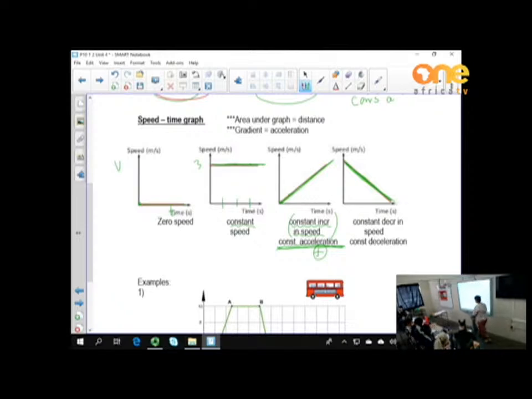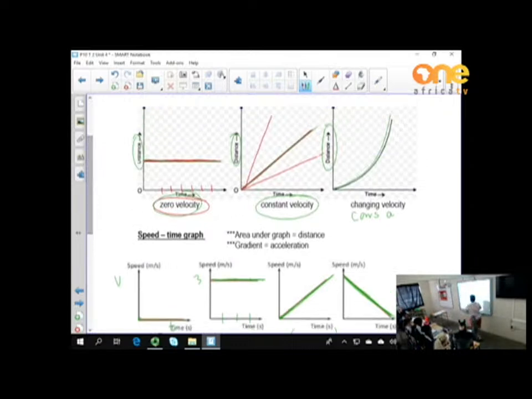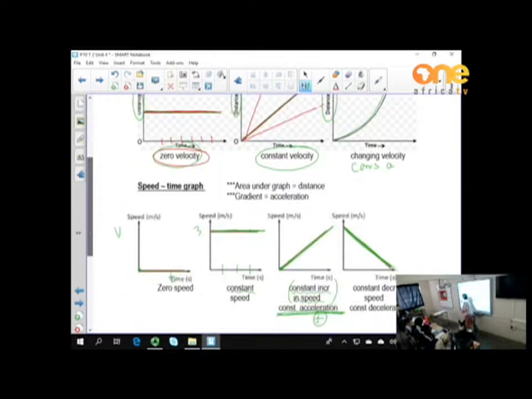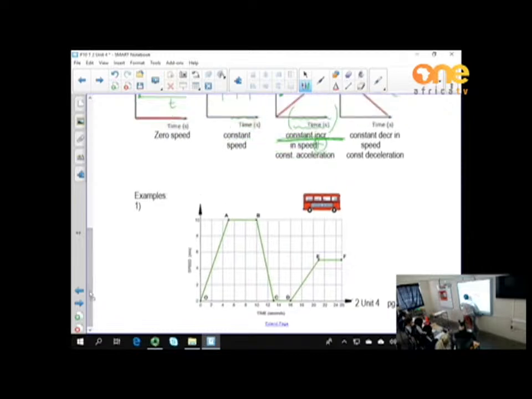Okay, just have a look at our graphs. We had a distance time graph, and we have a velocity time graph, and these are the shapes they can have. Now, you need to know what they mean. Here I have an example.